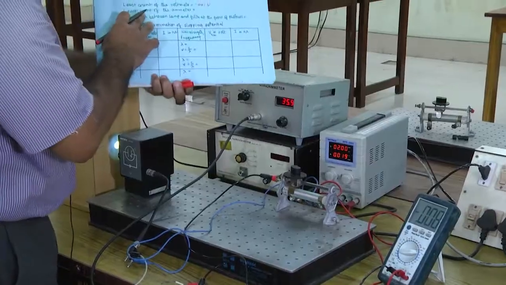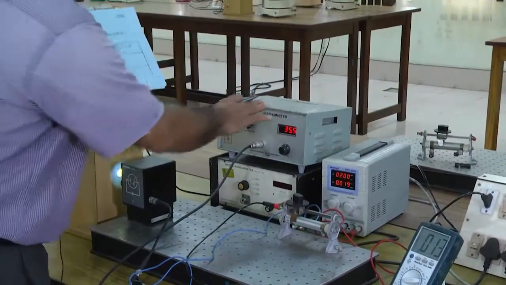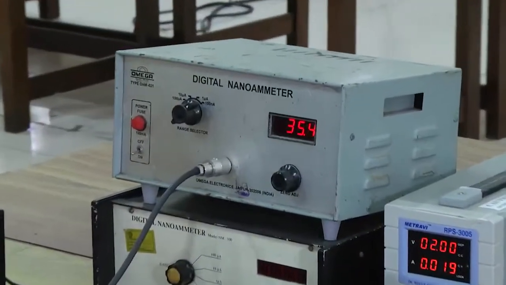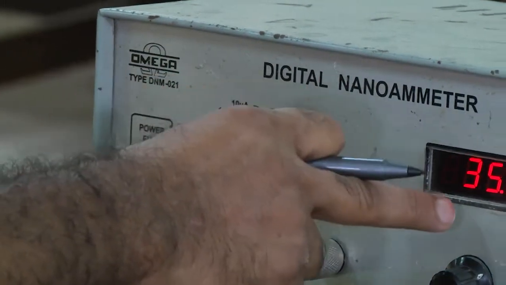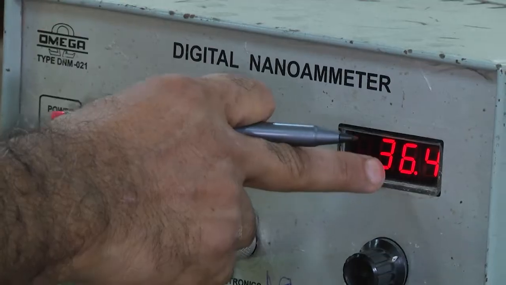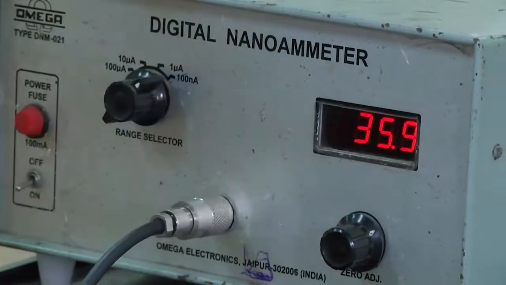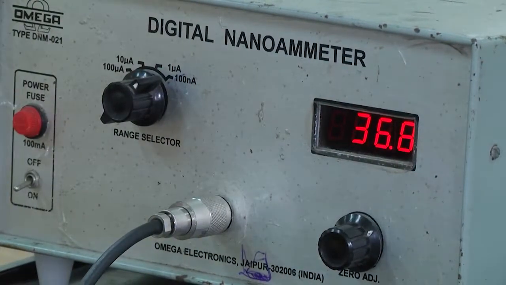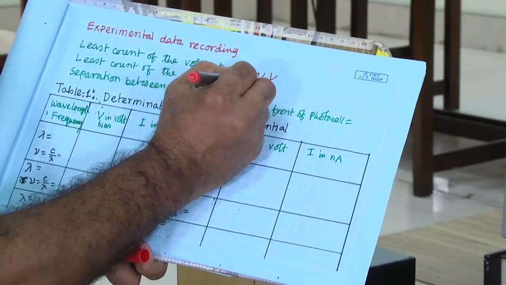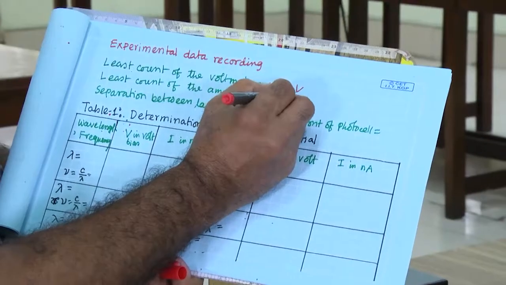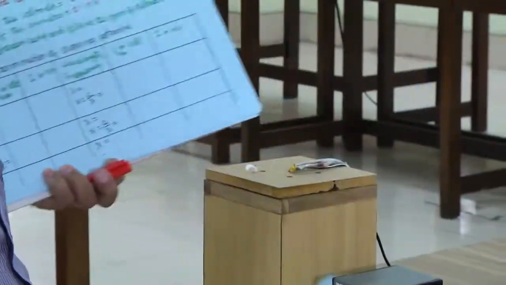Then what is the least count of the nanoammeter? We have taken the 100 nanoampere scale. It is showing 35 point something nanoampere. So, 0.1 nanoampere is the least count, which we should note down.